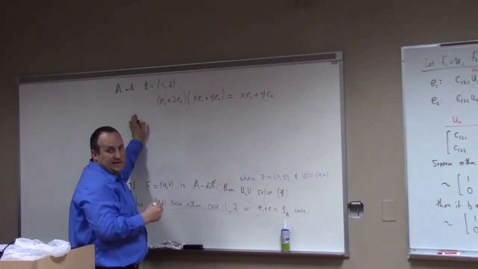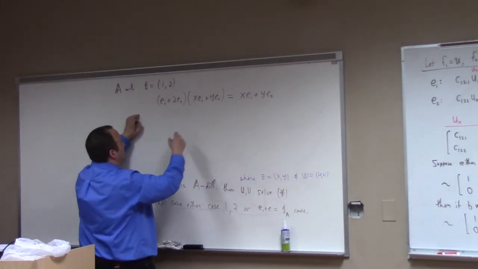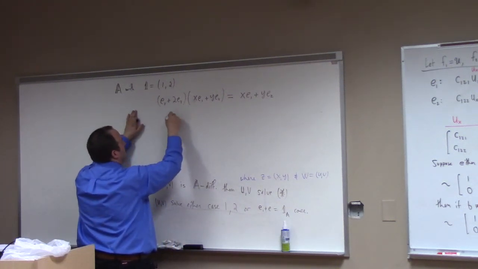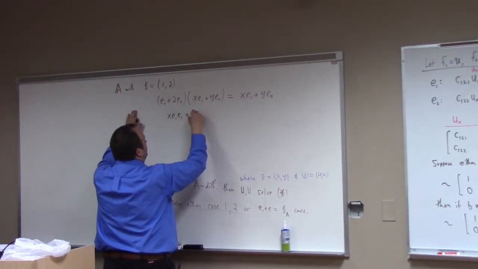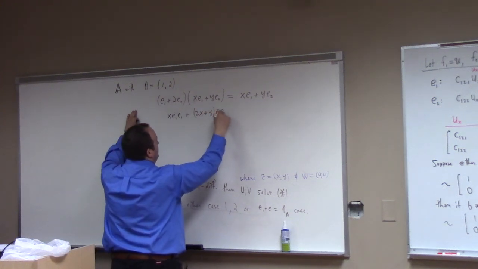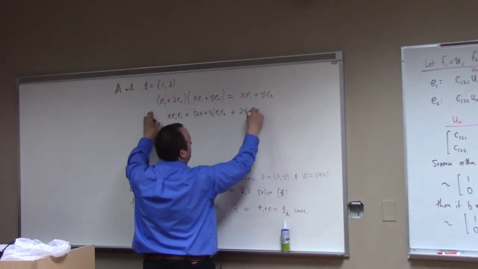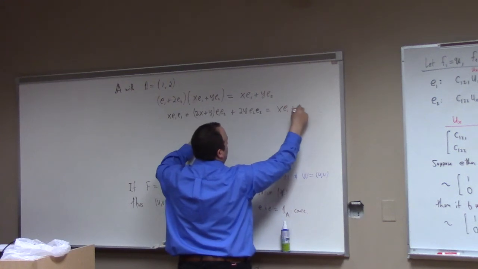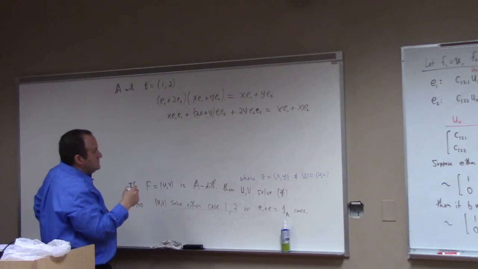That's what it means for it to be the identity. It times anything gives us back the anything. What does that actually tell us about the multiplication? We've got X E1 E1 plus (2X plus Y) E1 E2 plus 2Y E2 E2, right, equal to X E1 plus Y E2.